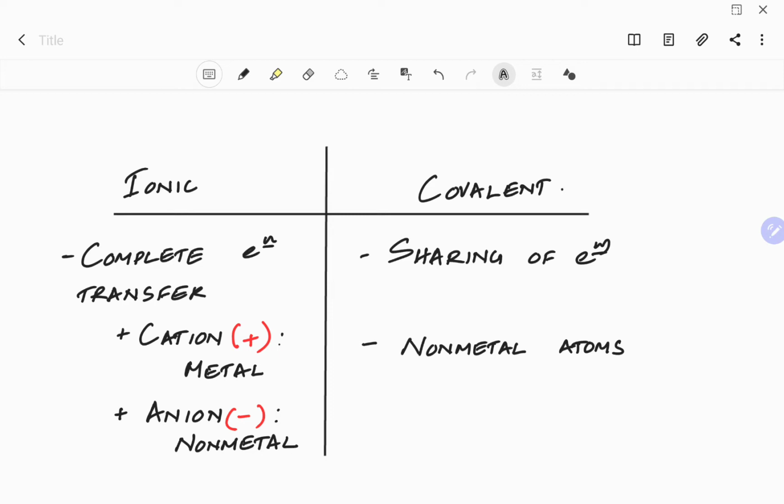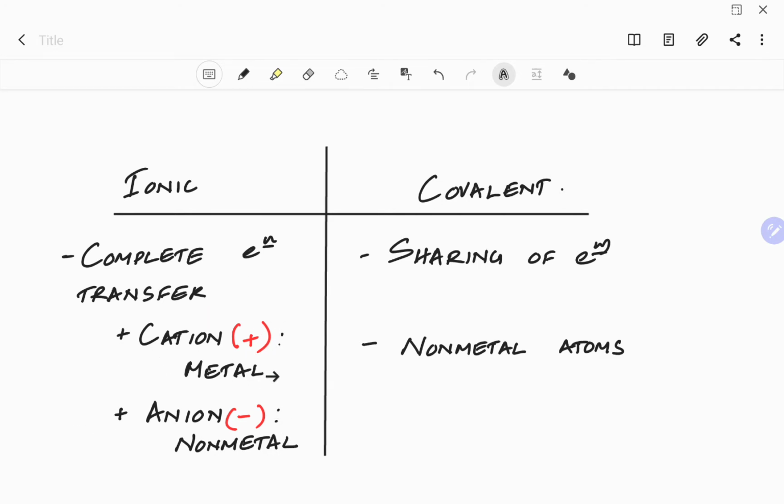In that video we also discussed the differences and similarities between ionic and covalent bonds, but the primary difference is that in ionic bonds you have the formation of ions through complete electron transfer. Because of the complete electron transfer between two different atoms, you have ion formation, and there are two types of ions, cations and anions.